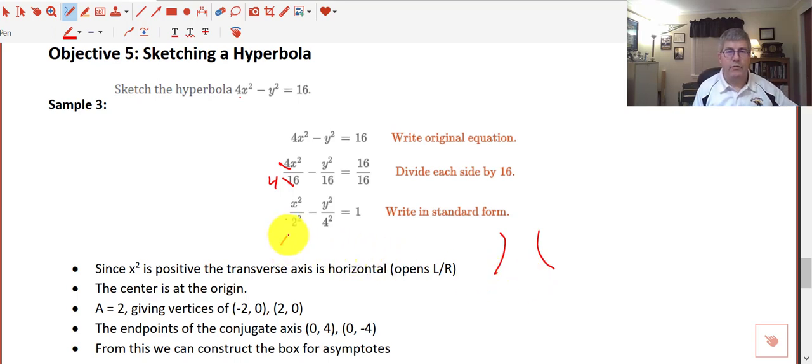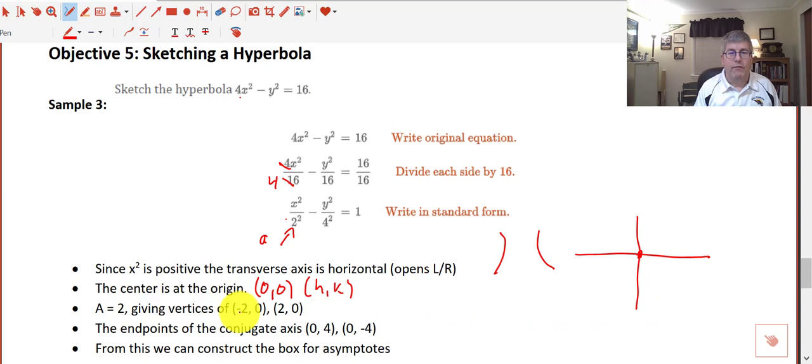Our a value is 2. Our center is at the origin, so 0, 0 is our h and k. And since our a value is 2, we know that will give us vertices of negative 2, 0, and 2, 0. So our hyperbola is going to look something like this until we draw our box.